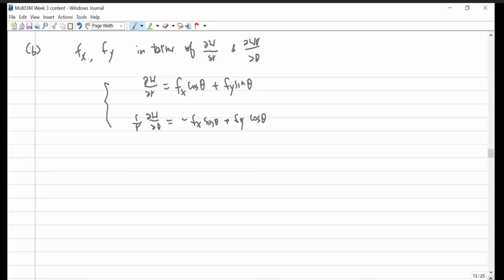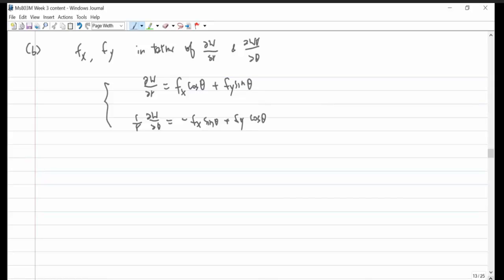How do you solve this equation? There are many ways to solve it. You can take the first equation times something. For example, take the first equation times cosine theta, the second equation times sine theta, and subtract.